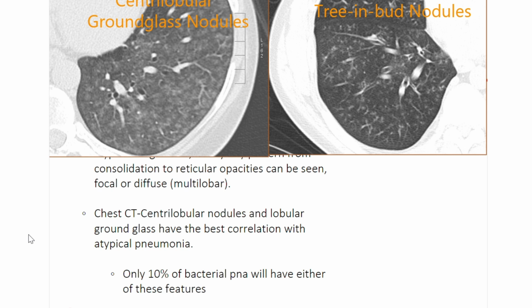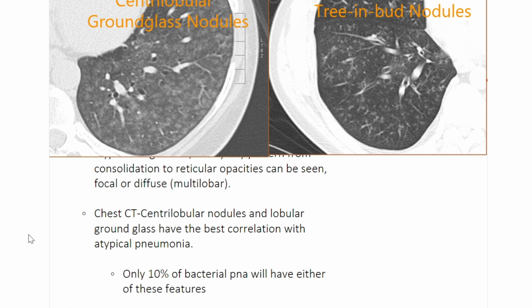So if you see centrilobular ground glass nodules, right, it's still a centrilobular distribution. There's still sparing of the subpleural surfaces. You'll have to trust me that the fissures were spared. You're supposed to say bird fanciers first. You're supposed to think of hypersensitivity pneumonitis first, all right? As opposed to tree-in-bud nodules, which, depending on where the patient is from, where you're practicing, you can go all over the place, right?